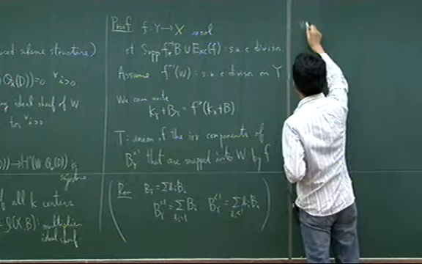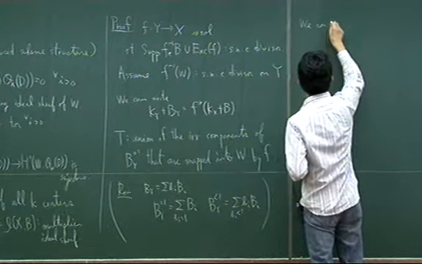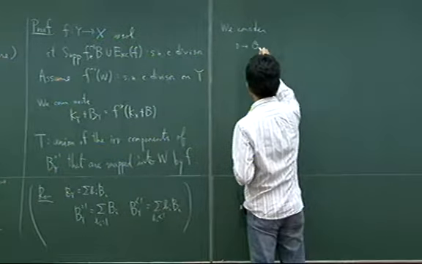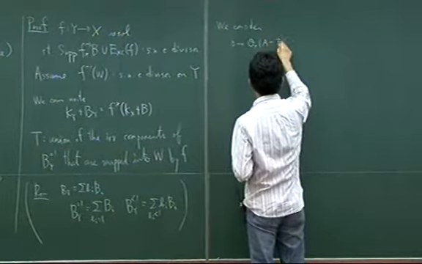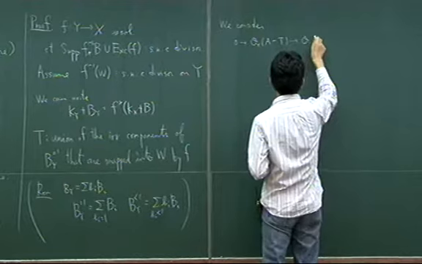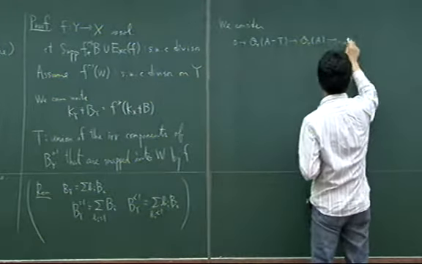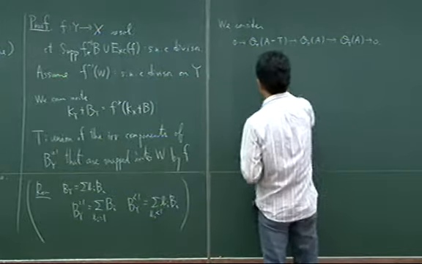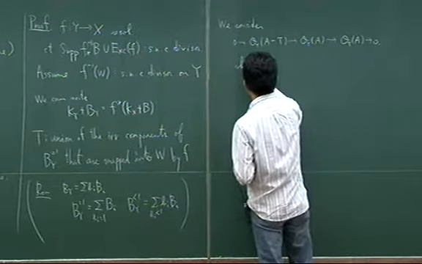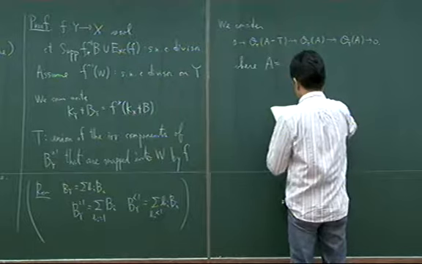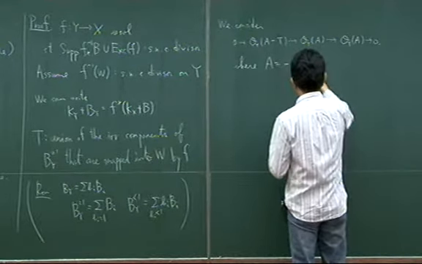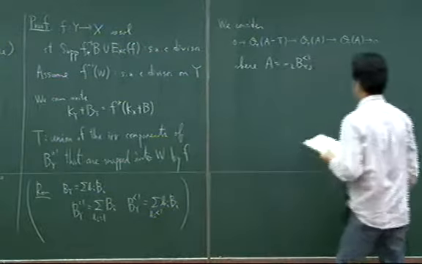We consider the following short exact sequence: 0 to O_Y(A minus T) to O_Y(A) to O_T(A) to 0, where A equals minus round down of B_Y^{<1}.